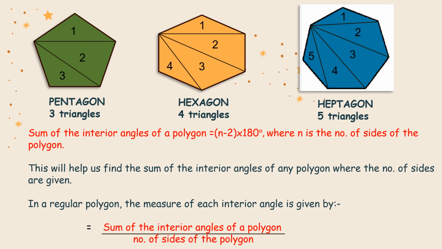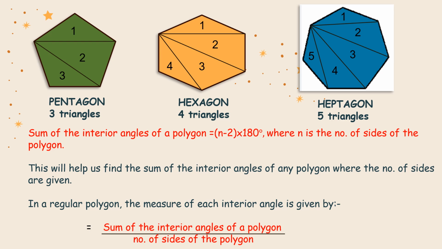See, sum of the interior angles of a polygon is given by n minus 2, that is 2 less than the number of sides, where n is the number of sides, into 180 degrees. The product of the angle sum property of a triangle. That's why I told you in the beginning that you need to know the angle sum property of a triangle. So 180 degrees into n minus 2, where n is the number of sides of the polygon.